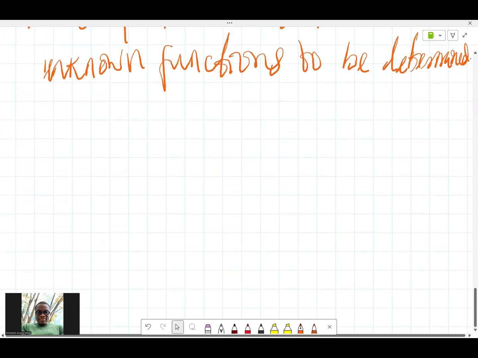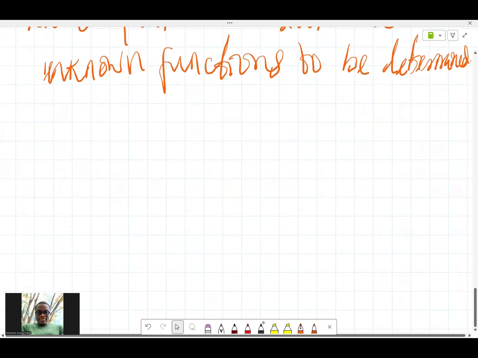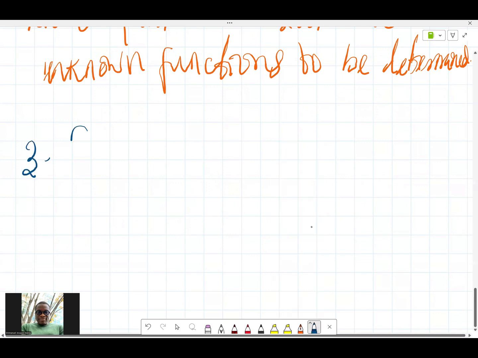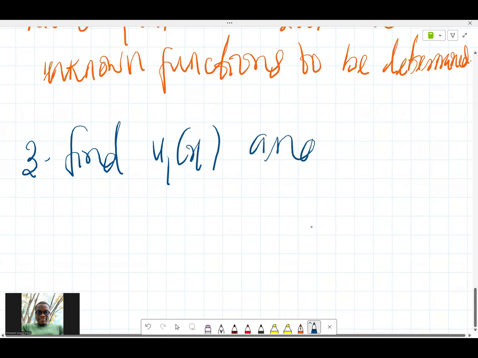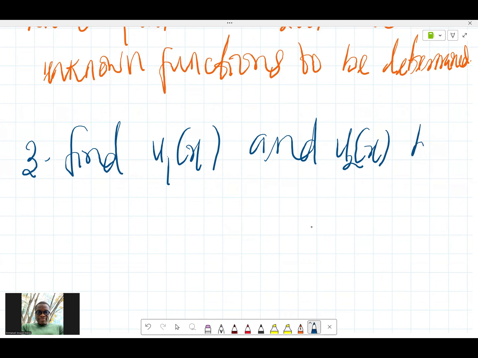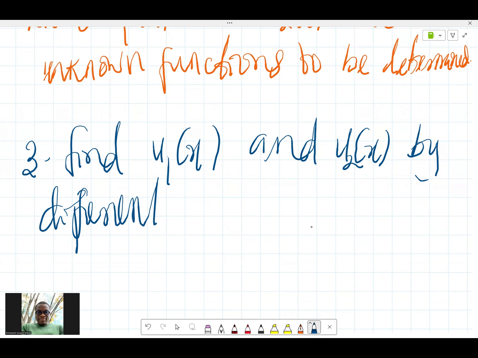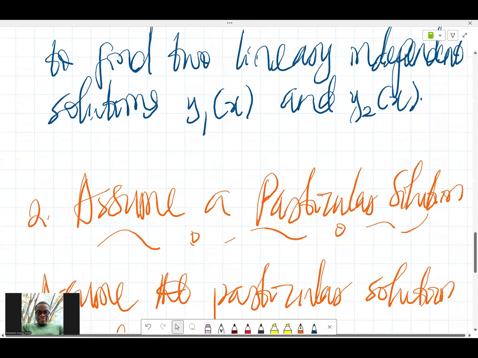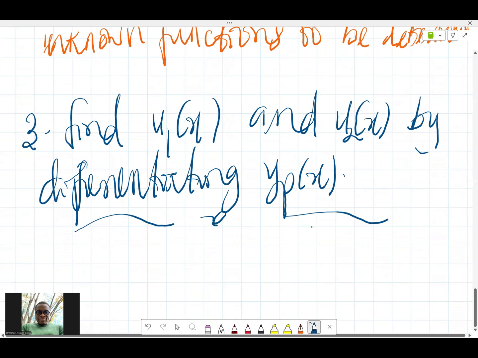So in step 3, you now want to find u1 of x and u2 of x by differentiating the yp of x up there.